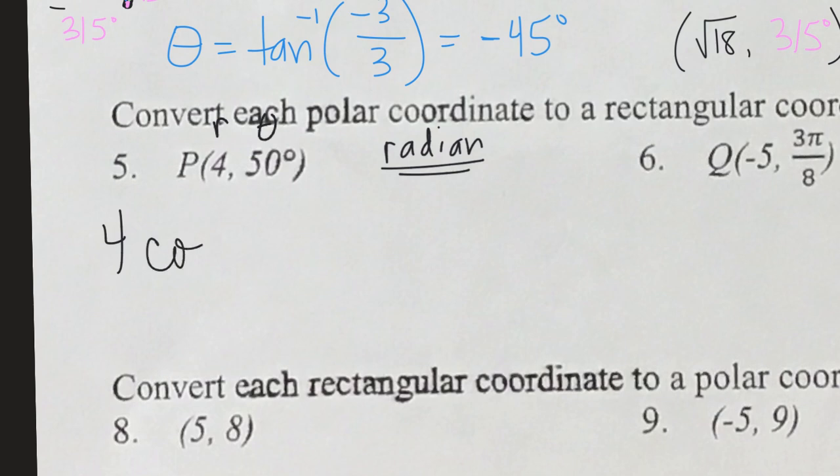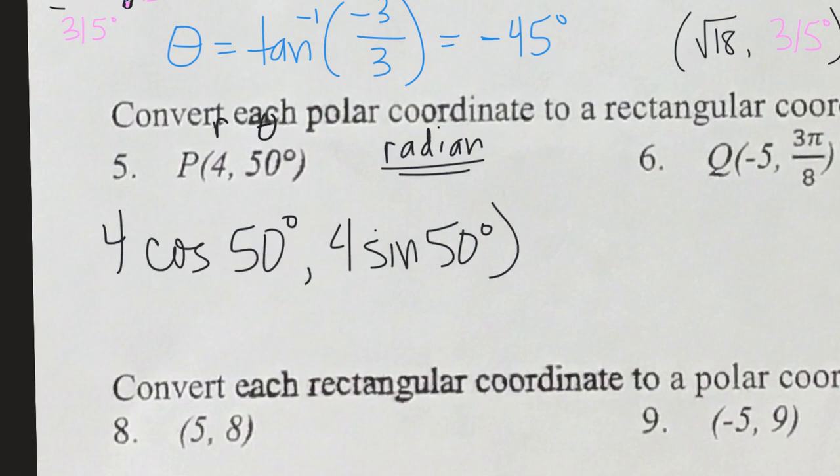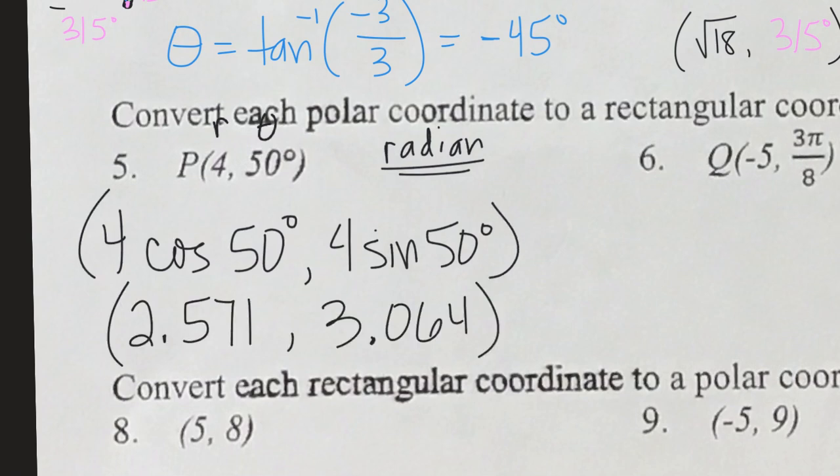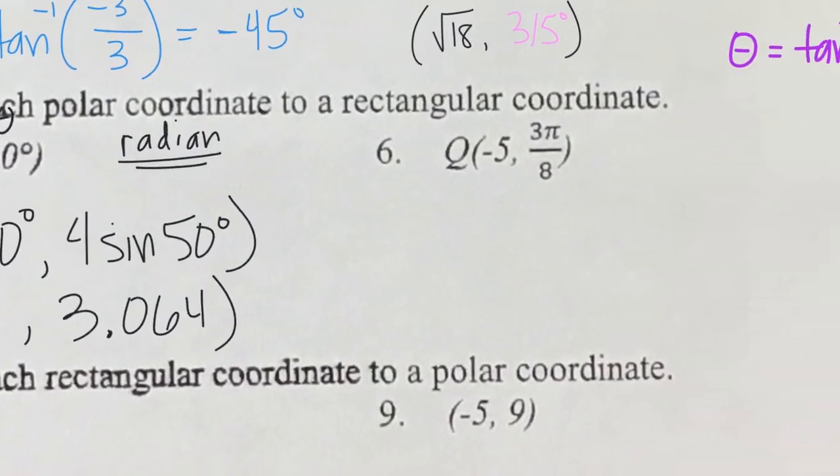All you have to do in the calculator is put a degree symbol on your answer, and the calculator will know that you are asking for a degree angle, not a radian angle. And that turns out to be your answer when you plug it into the calculator. So 50 degrees is in the first quadrant, so we're expecting both of these to be positive, and they are.